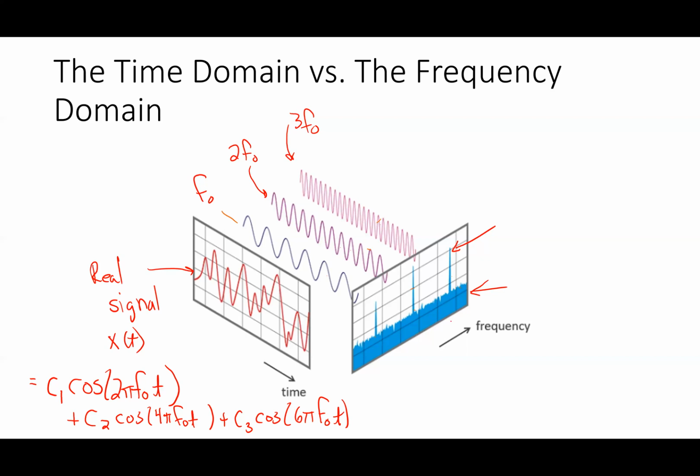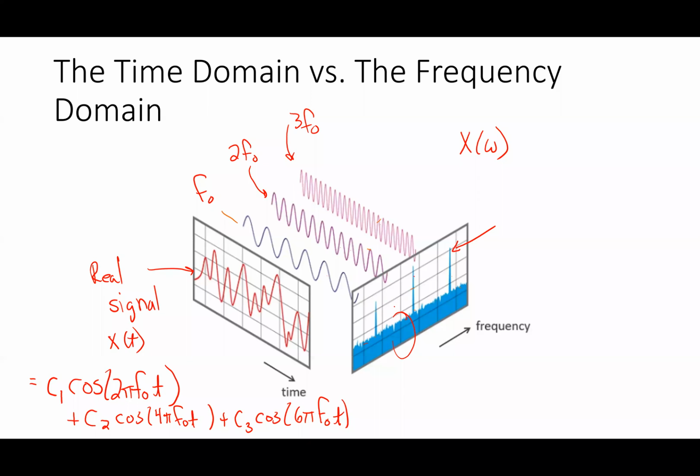So what is this thing here in the frequency domain? My axis is frequency. So how would I describe this? I called this x of omega last time. And how would I write that in this particular case? So basically, what does this look like it has? It's got some noise down here, which I'm not going to get into.